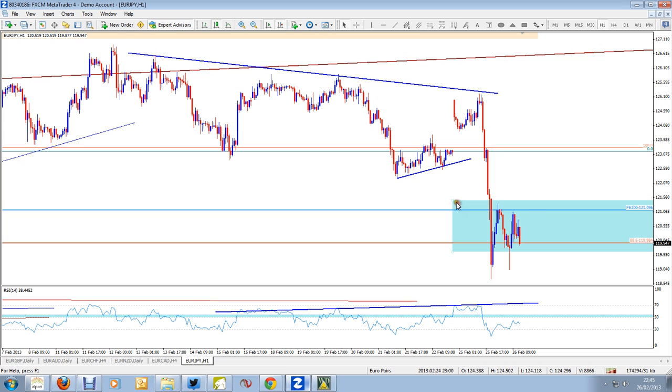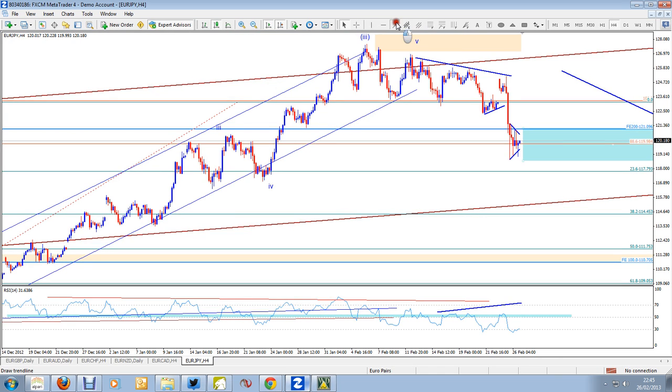So in other words, we should see another lower low formed. This one here could well be a potential triangle. So if that's a triangle, then that triangle normally comes in a wave 4 or a wave B, and I believe that it is probably wave 4. And on the resolution of that one, we should see one more drive to the downside.